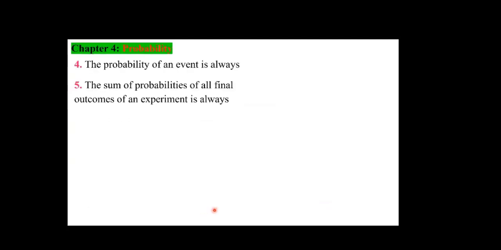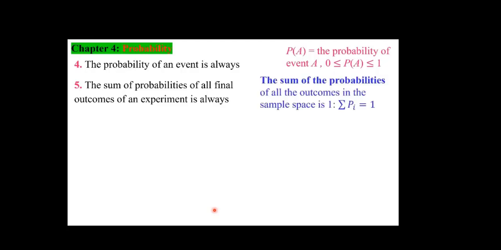The probability of an event is always between 0 and 1, and it can include both 0 as well as 1. And the sum of the probabilities must be 1. What I want to explain about this, the only time it may not be 1 is when it is extremely close to 1, due to round-off error.